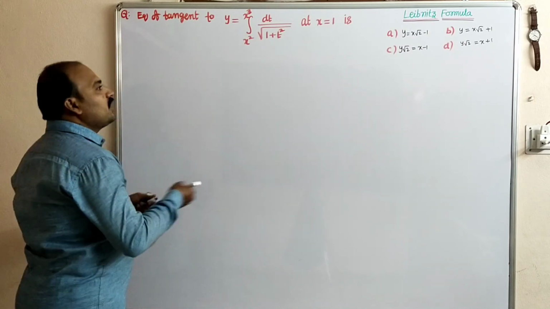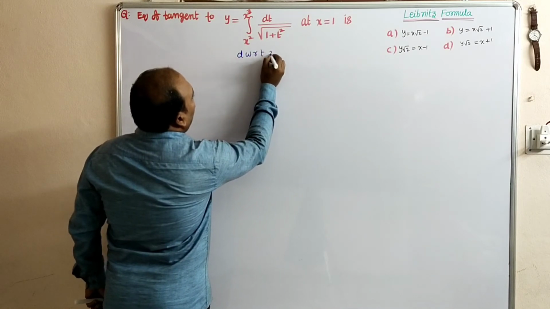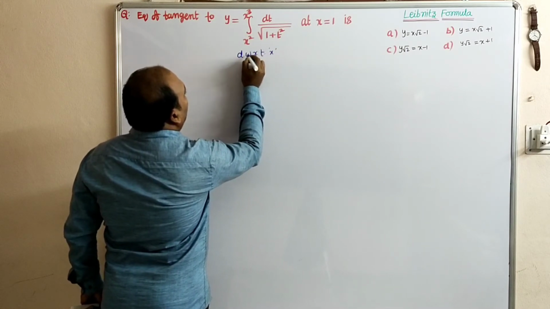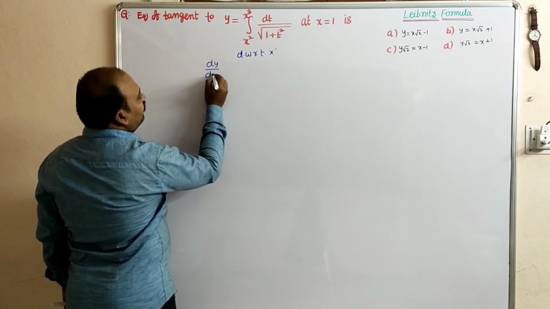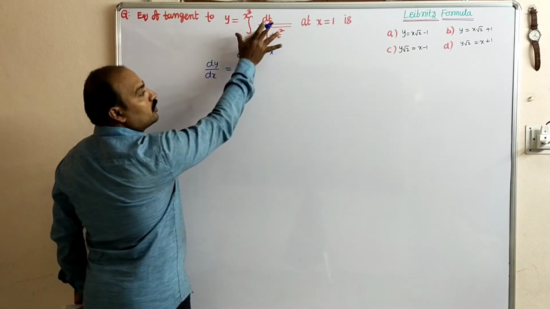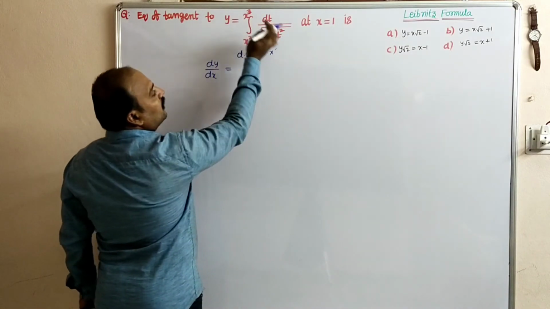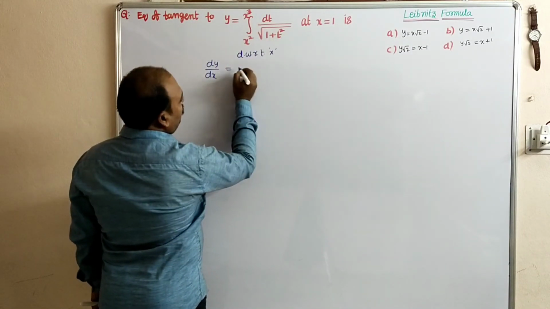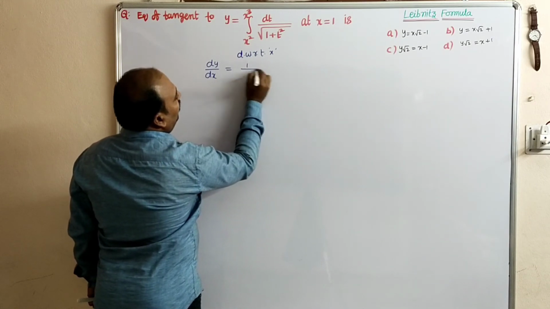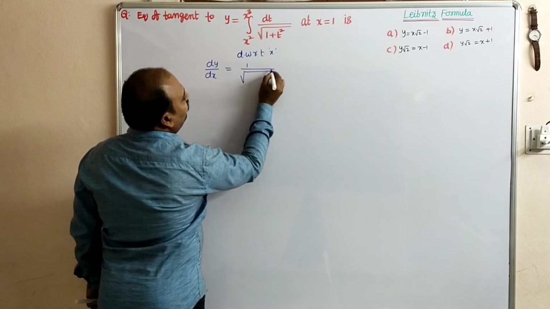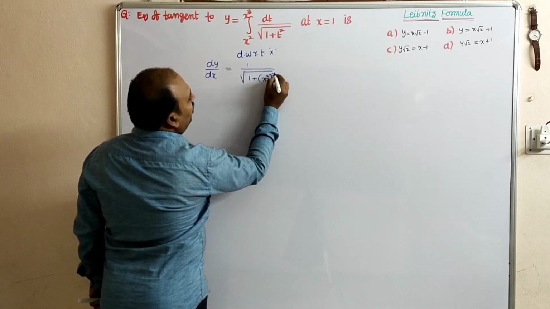So now differentiate with respect to x. The y derivative is dy by dx. So differentiation of this, by using this formula: wherever t is there, substitute the upper limit. So now 1 by square root of 1 plus (x cube) whole square.